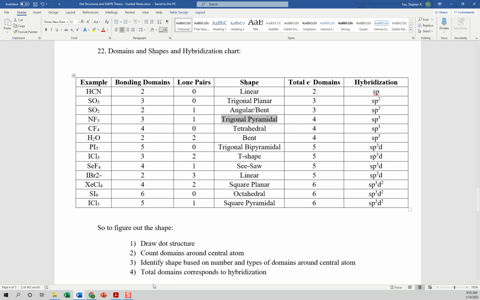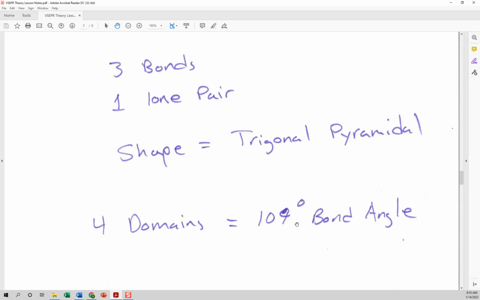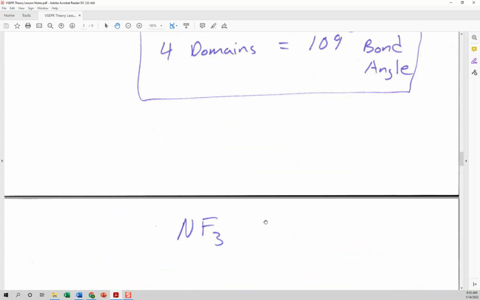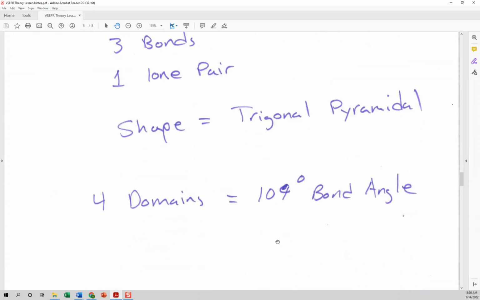All right, but we have 4 domains, so the bond angle is 109, just like the tetrahedral bond angle. 4 domains, 109 degrees. And let's see if we can see the model. Okay, so here's a model of the NF3.